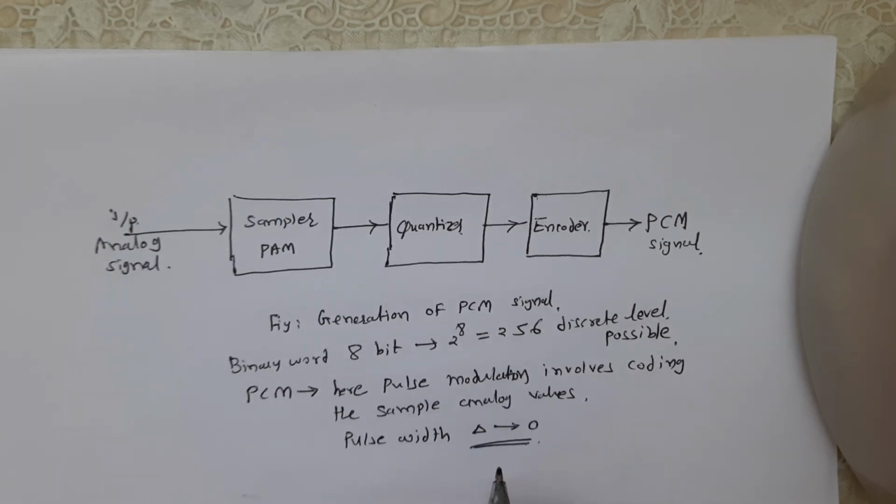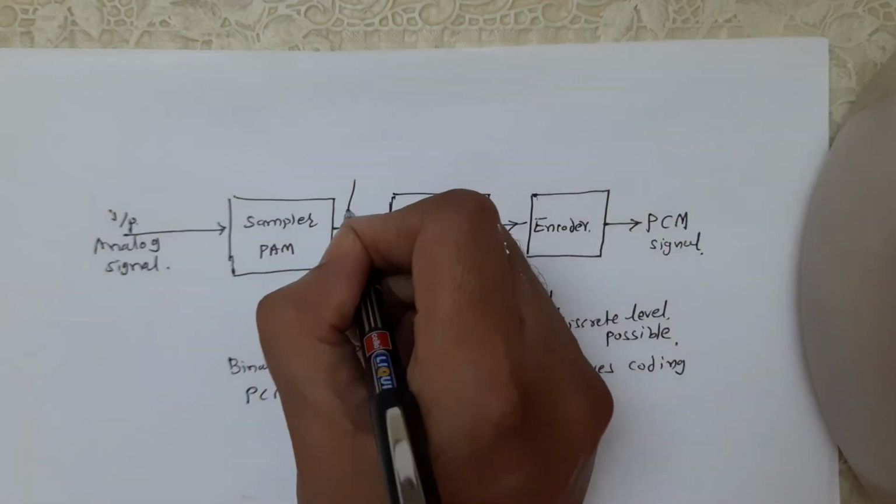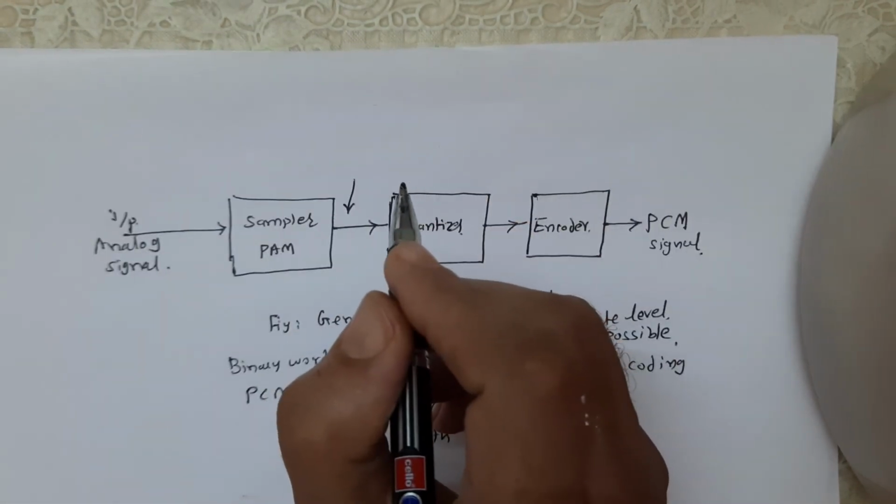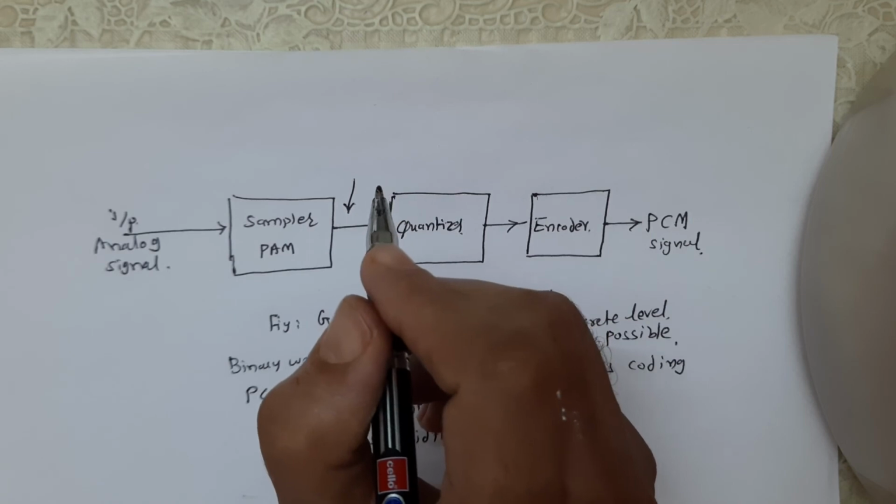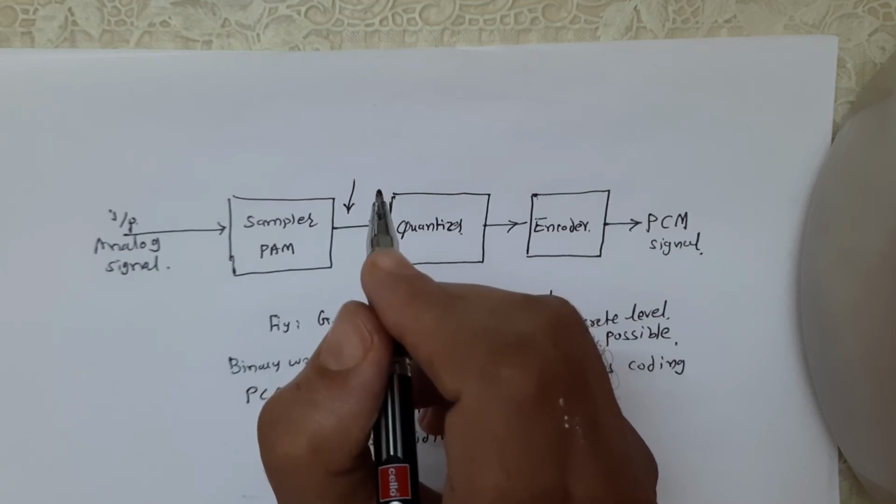The input of the sampler block will have a signal which is continuous both in time and amplitude.